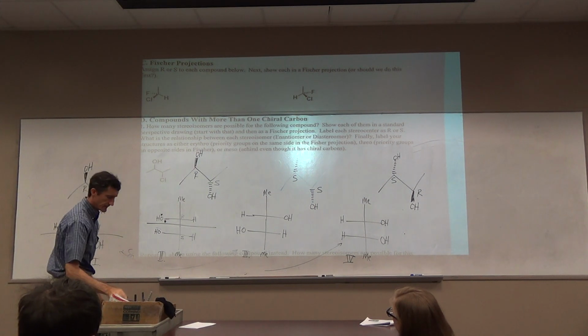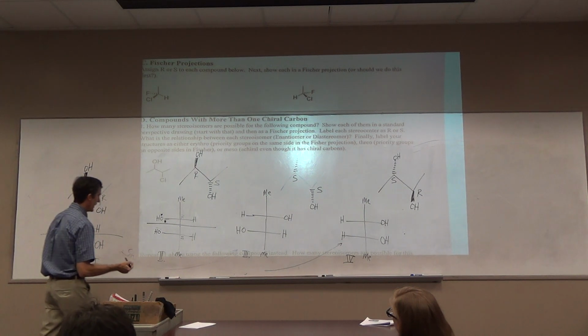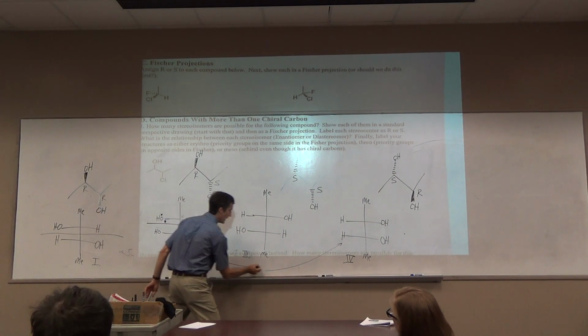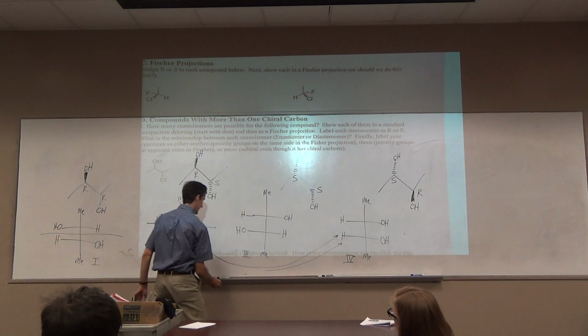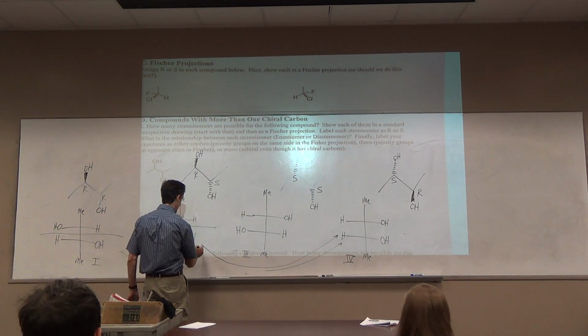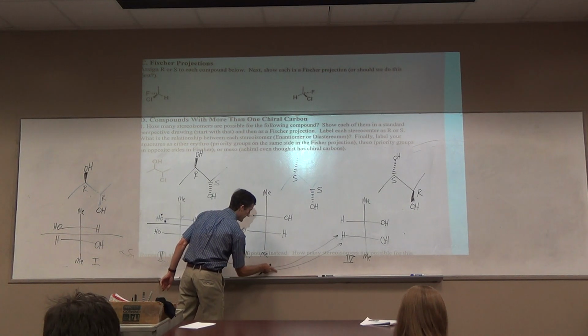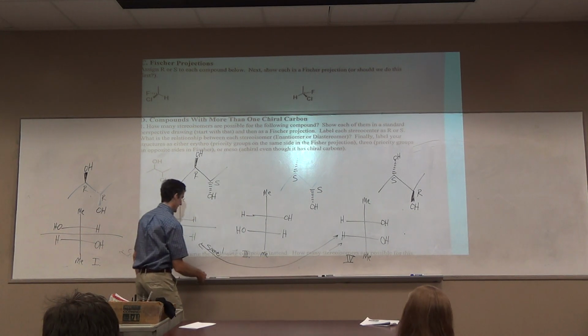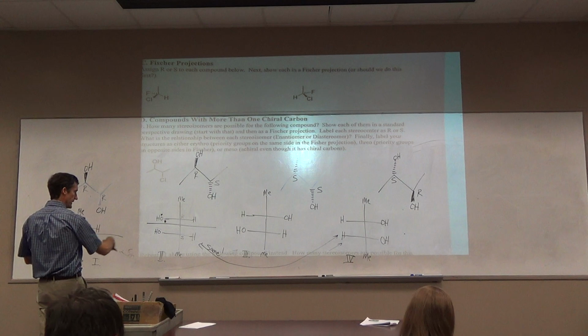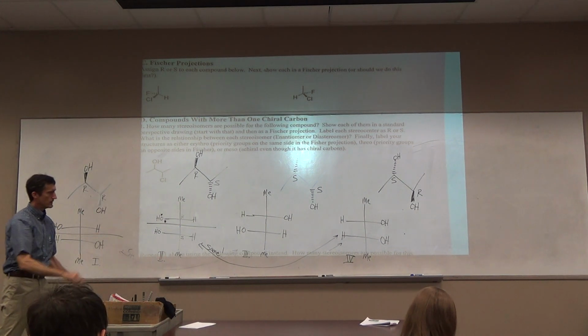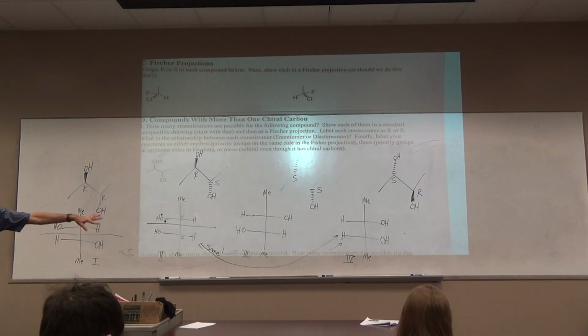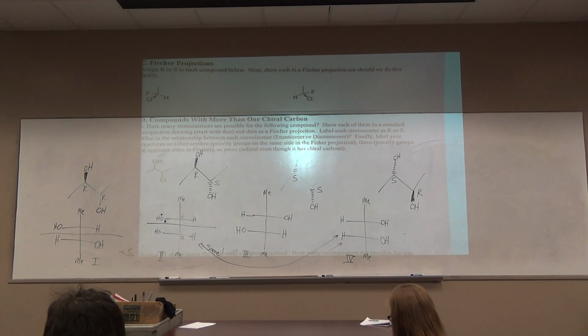It's 2 of the same thing. 2 and 4 are the same thing. Okay, the answer is the same. Basically, I've just drawn the same compound flipped over. You got to understand that.